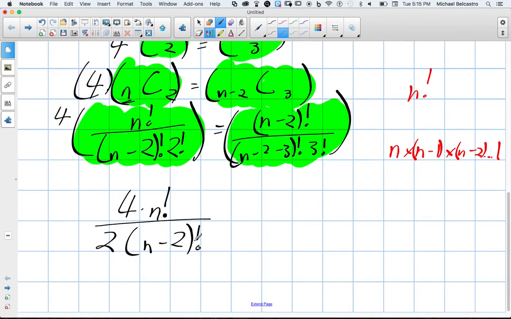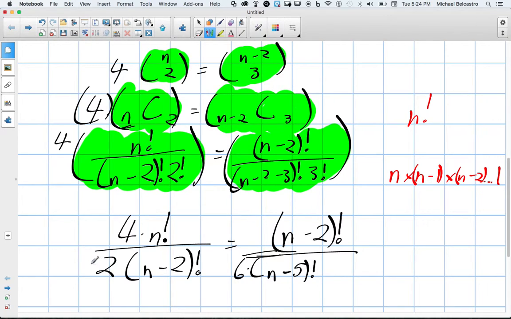But we don't really know what it is yet, so we can't really expand that value either. So on the top, we're still going to have to leave this n minus 2 factorial, because we really don't know what n is. From here it gets kind of tough. I was originally thinking that because we have equivalent fractions, we could cross multiply, but it's not going to help. It's actually going to make things more complex.